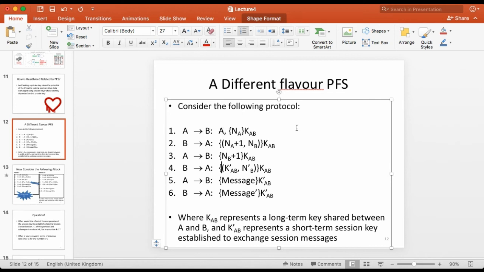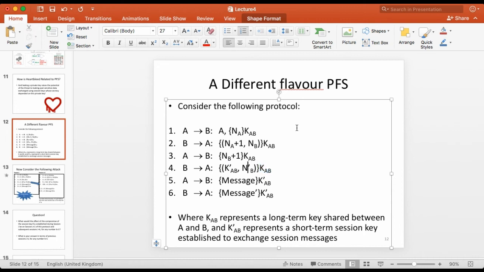So that's all fine. Then we move on to the 4th message, and in this case Bob suggests a new long-term key called K prime AB. This long-term key is presumably going to replace the existing, or soon to be old, long-term key KAB.